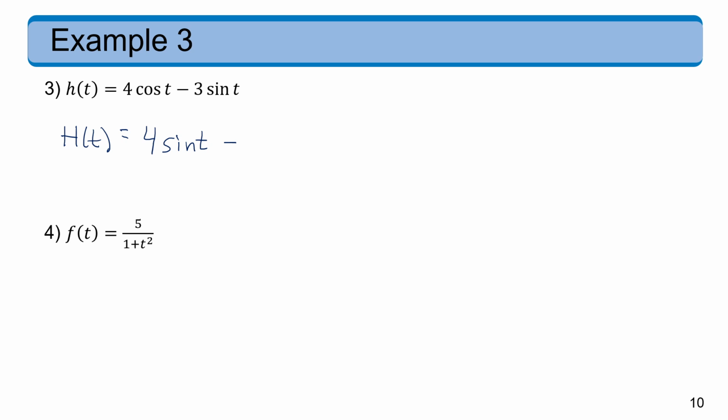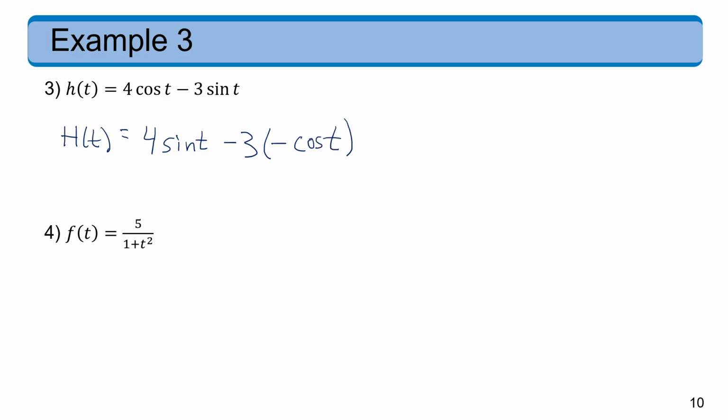Let me mention first, we have a difference here, so we can go term by term, find each antiderivative individually. Now we're on this one. There's a constant multiplied by a function. We carry along the constant. Now we need the antiderivative of sine. So this was on our table we just saw, and it's negative cosine.